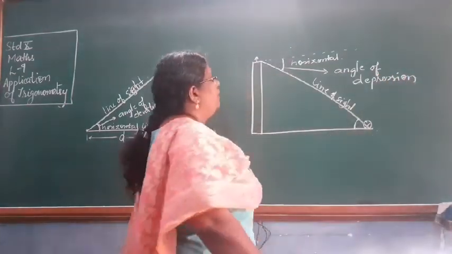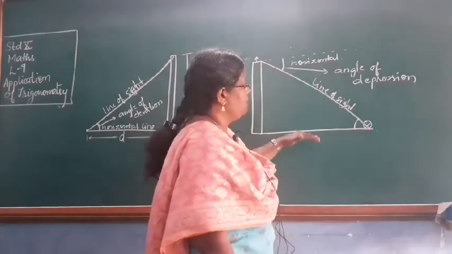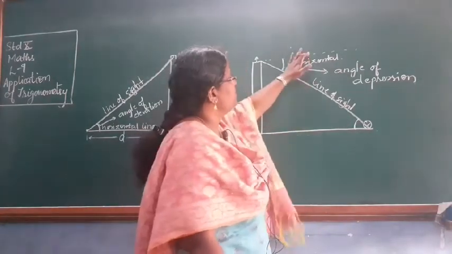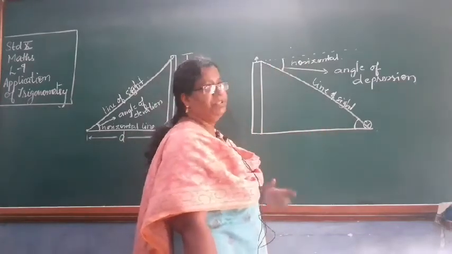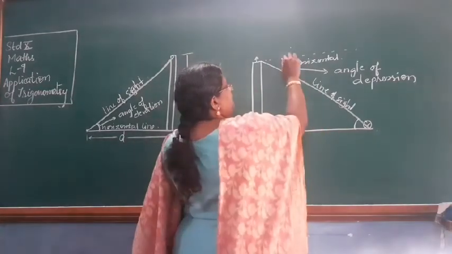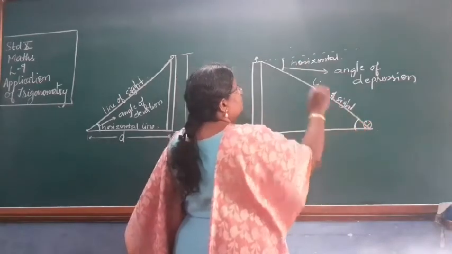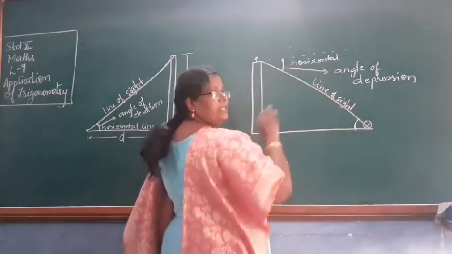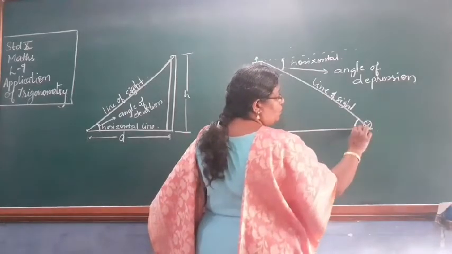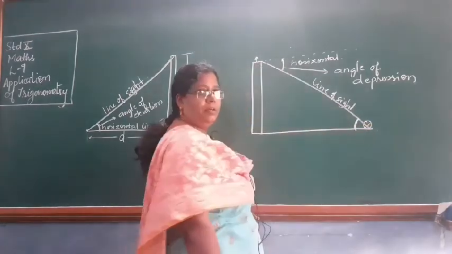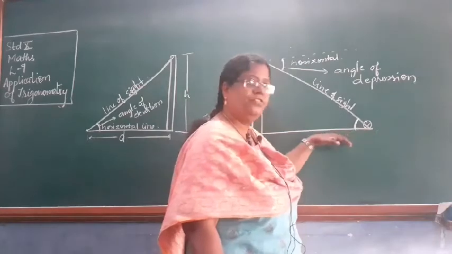Now you know that this horizontal line is parallel to the surface of the earth. That means these are two parallel lines. Now any alternate angles formed between two parallel lines will be congruent. So this particular angle, which we call the angle of depression, will be equal to the angle which is formed by the line of sight with the earth.